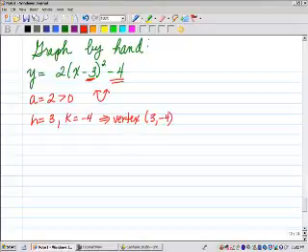Now, if I wanted to plot this by hand, the vertex is 1 point, so I need to find some other points. And if you remember how I talked about before, around that vertex we get points that are mirror images of each other. So if you were going to plot this by hand, what I would tell you to do is let the vertex be your center point, and then we need to go to the right and to the left of that vertex to get some other points in our graph.